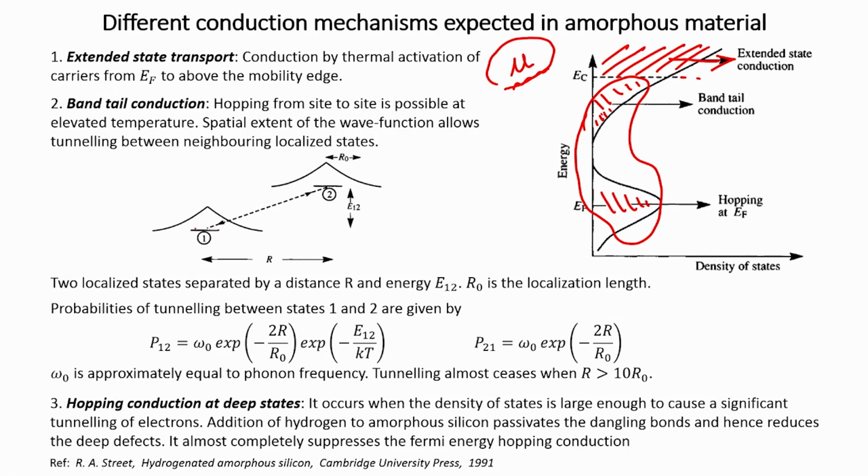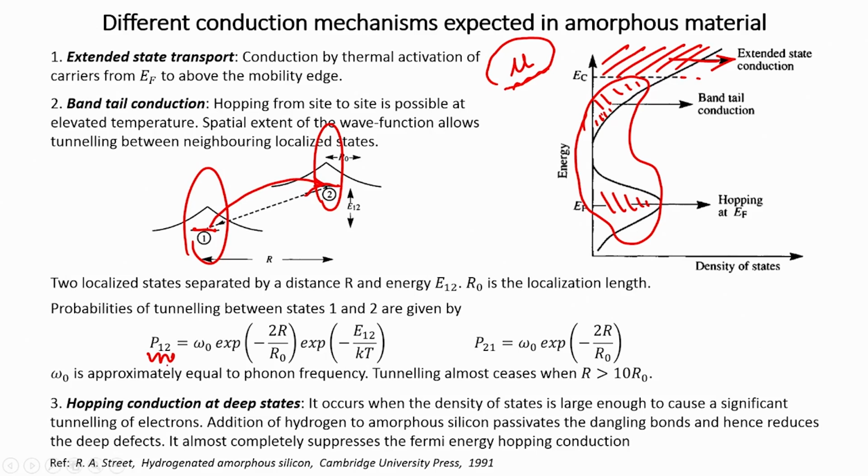So, you can imagine two trap states, and these electrons have a certain wave function. This wave function is heavily localized, so it has a very large amplitude at around these locations, and the probability that an electron moves from state 1 to state 2 or vice versa is given by P12.